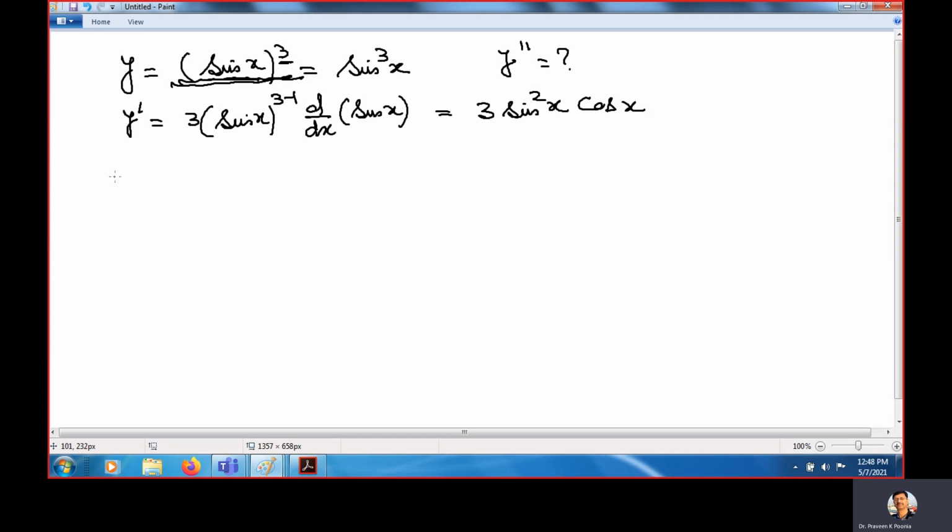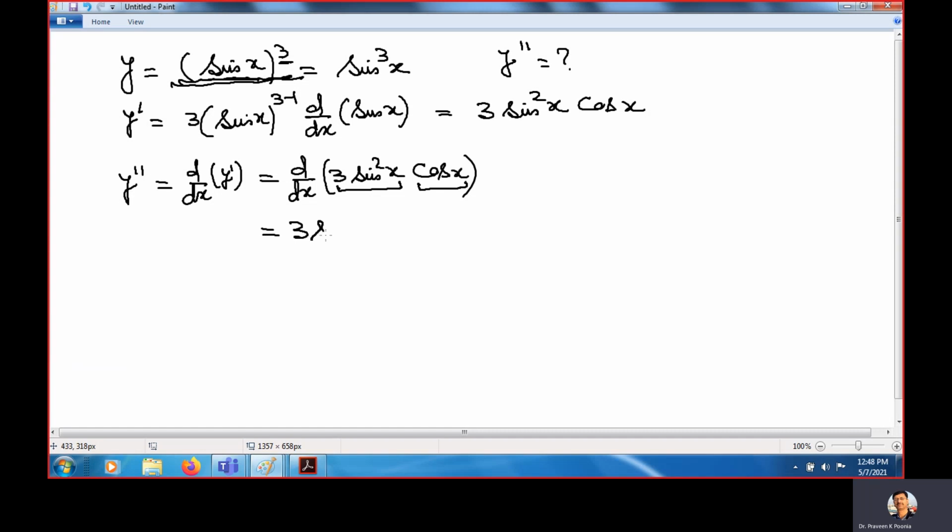Now if you want the second derivative, then you need to differentiate the first derivative, and it will be d by dx of 3 sine square x cos x. Now you need to use the product rule.